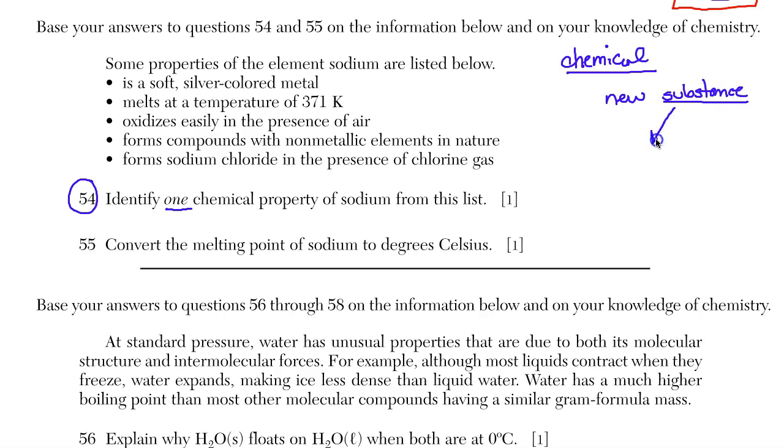A substance is a compound, which we should know to be two or more different elements combined, like HCl is a compound. It has a unique chemical formula, a fixed ratio of elements, and also an element is a substance, and substances are homogeneous. Compounds are made up of the same molecules, and elements are made up of the same type of atoms because they have the same number of what?